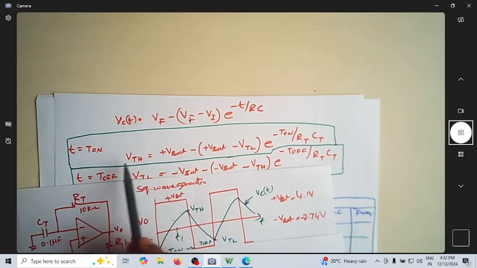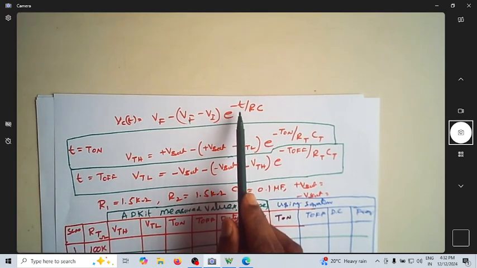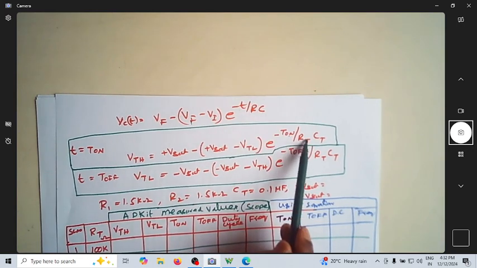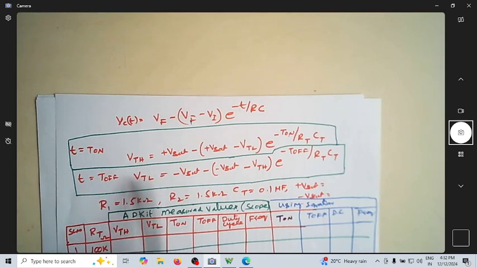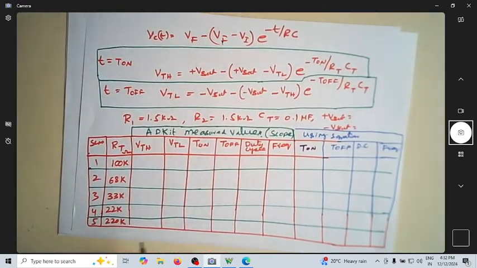So we have this expression for T on, where T is replaced by T on, and R and C are replaced by the timing resistor and capacitor, and this is the expression for T off.